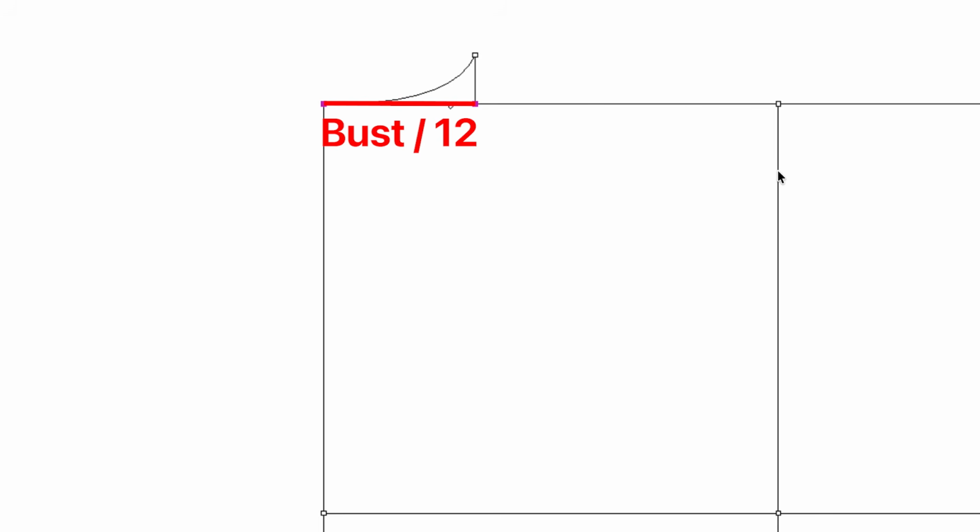Think about it this way. If you're working with the bust circumference 83 centimeter, divided by 12 is 6.91. So almost 7 centimeter, right? If the bust circumference you're working on is 96 centimeter, 96 divided by 12 is 8 centimeter.